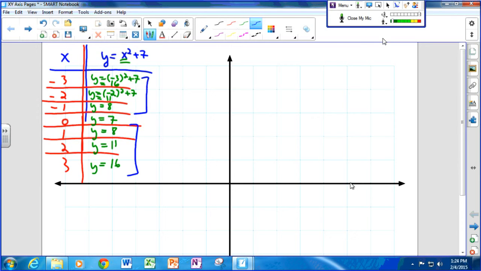All right, well, now that we have our y equals x squared plus 7, now we can put it on our graph here. So this is your x, this is your y. Our biggest value is 16. So let's see, if we go 2, 4, 6, 8, that's not going to work. Let's say 4.